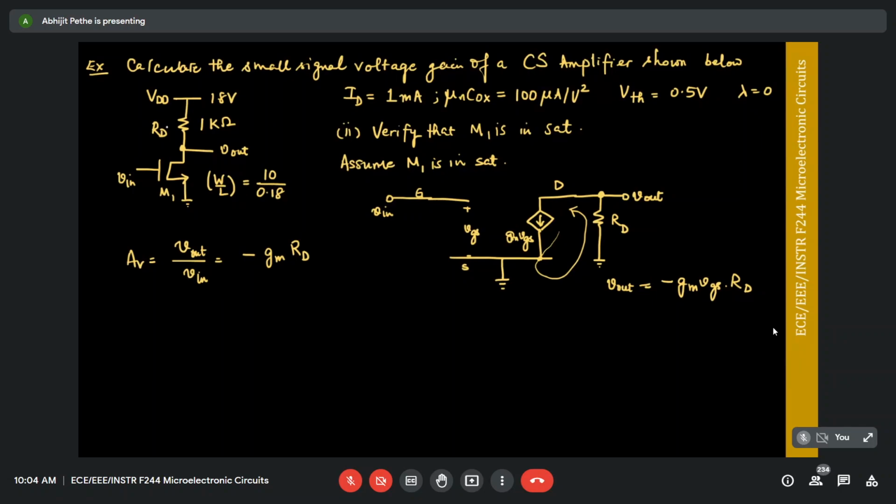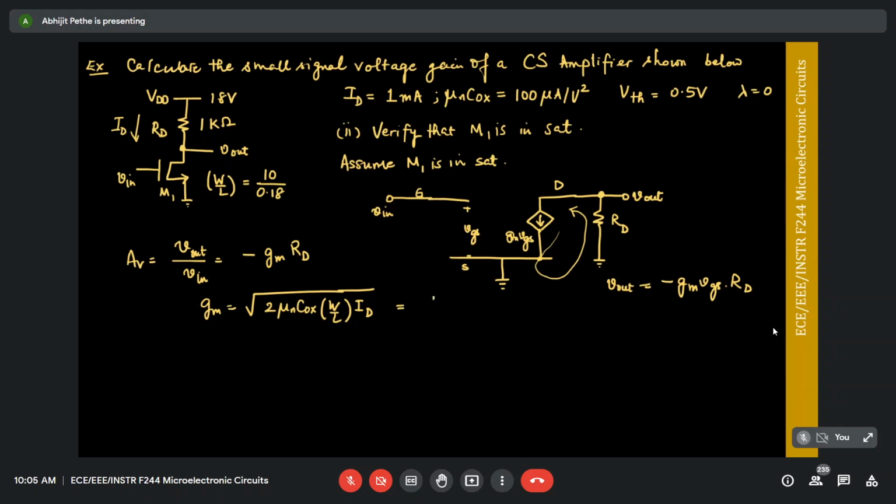You know what the DC current ID is flowing through the circuit. So if I know ID, I know mu n Cox, I know W by L, I can write my GM as square root of 2 mu n Cox W by L times ID. Substitute the terms.